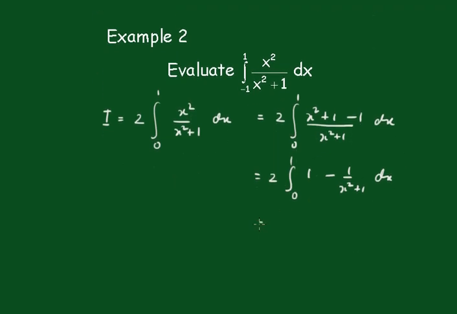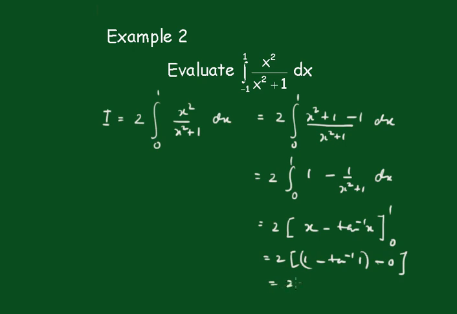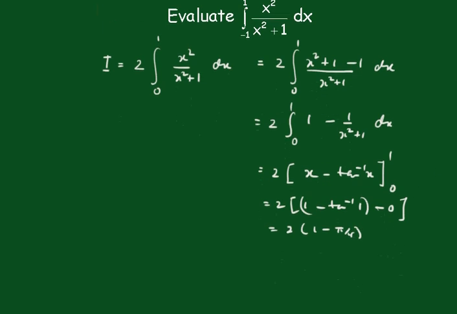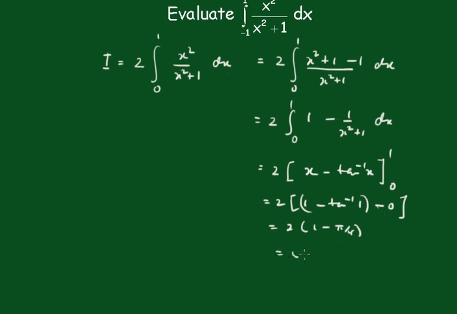Okay, so now that becomes 2 times x minus tan inverse of x between 1 and 0, which is 2 times 1 minus tan inverse of 1, minus 0, which is simply 2 times 1 minus pi upon 4. You can leave it like that, or if you want to remove the brackets, you'll simply have 2 minus pi upon 2.